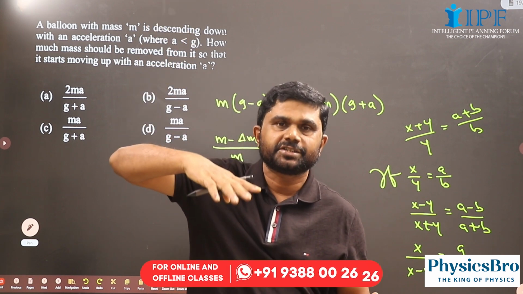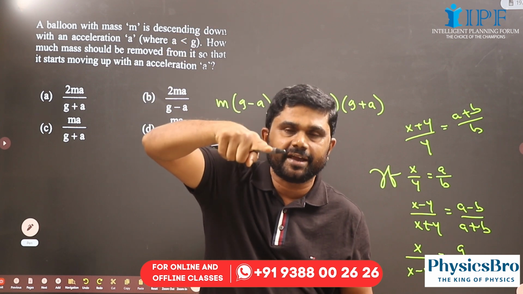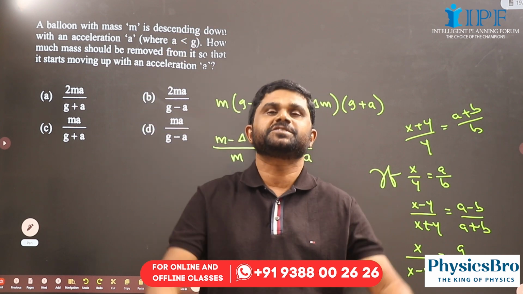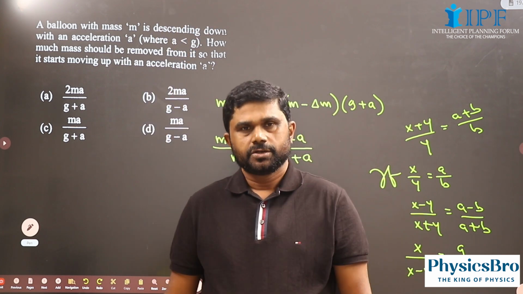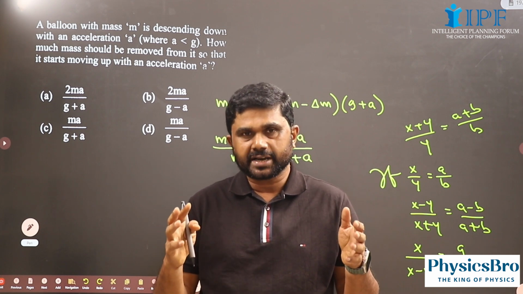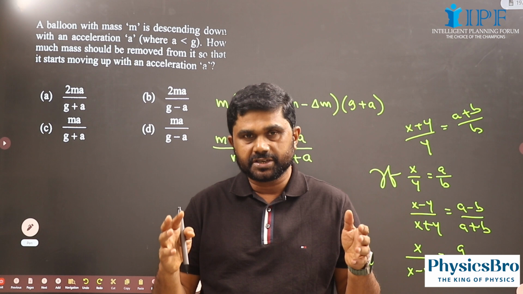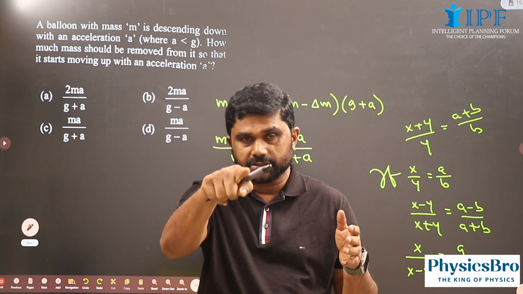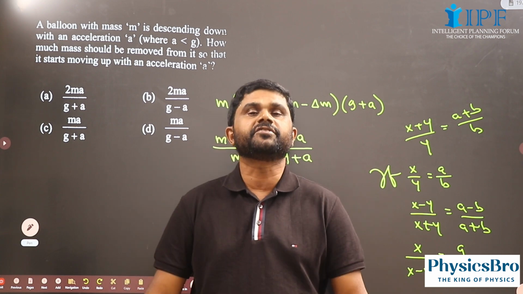That is why the block is moving with an acceleration a, because the lift itself is moving up with an acceleration a. So when the lift goes up, the force acting on the block in the upward direction must be stronger than the force acting downward, that is the weight mg.